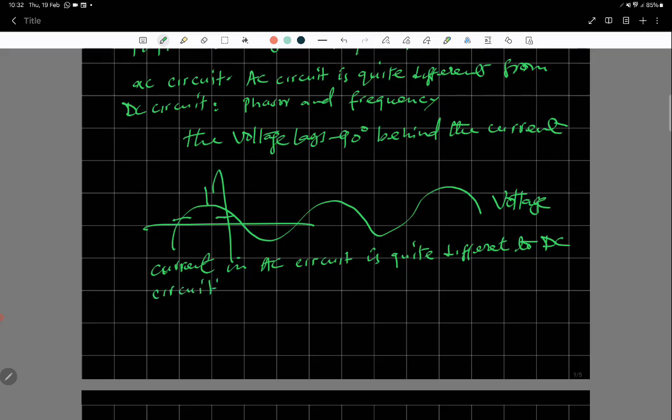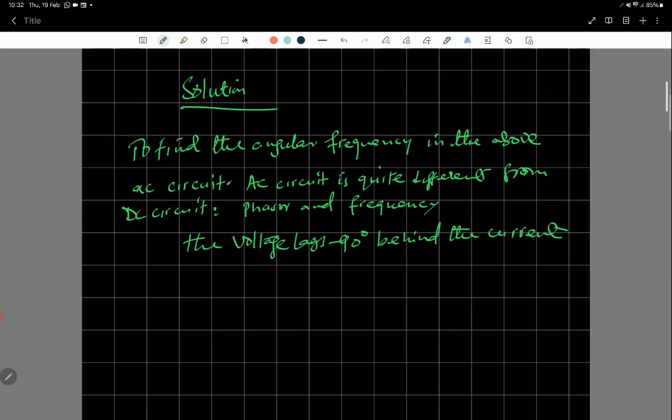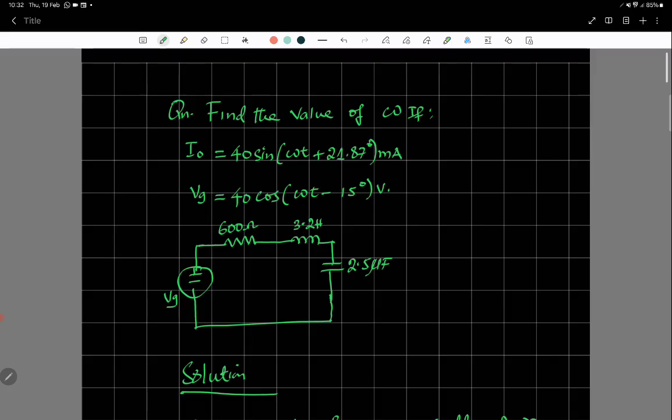Now this is what we are going to do here in this question, to look at the relationship between the AC components described here. Here we are having a 600 ohms resistor. Here we are having an inductor of 3.2 henrys. Here we are having a capacitor.